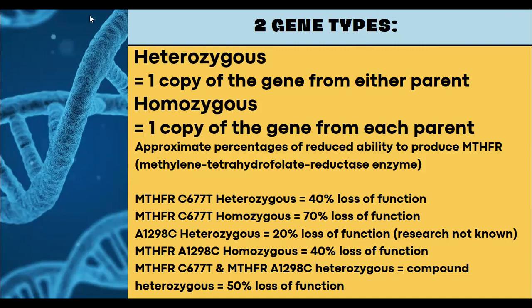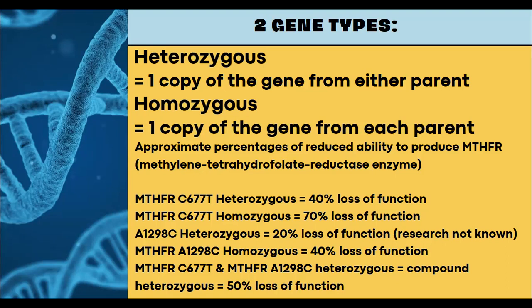So we have the heterozygous, which equals 1 copy of the gene from either parent, and then there's homozygous, which equals 1 copy of the gene from each parent. Approximate percentages of reduced ability to produce MTHFR, or methyltetrahydrofolate reductase enzyme. These are the different losses of function.